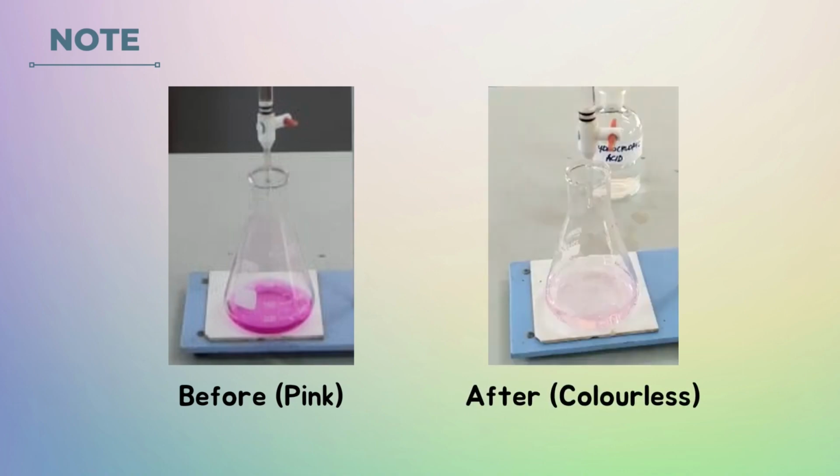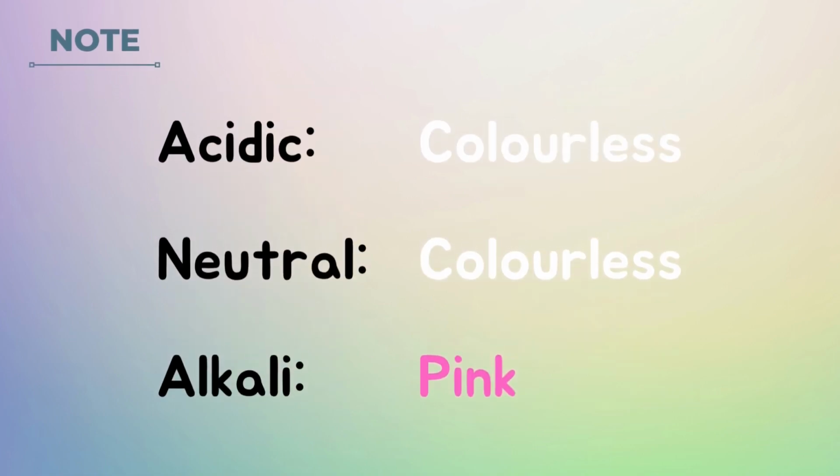After conducting the experiment, however, the pink phenolphthalein indicator turns colorless, hence proving that the experiment was successful. This is because phenolphthalein indicator changes color when in contact with different types of solutions. When it is in contact with acidic or neutral solutions, it turns colorless, whereas when it is in contact with alkali solutions, it turns pink.